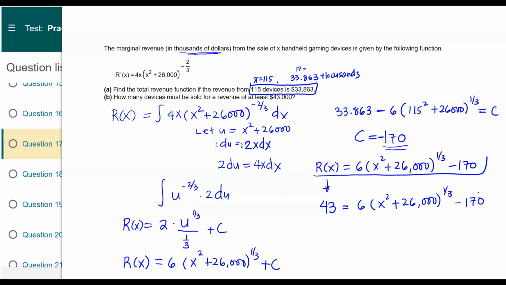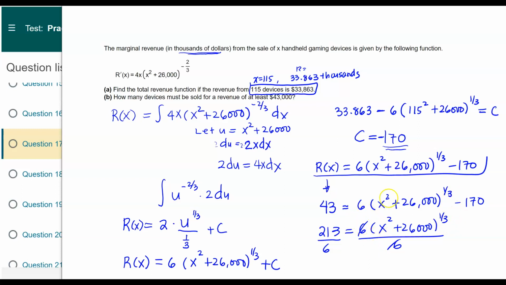So 43 plus 170, you move this to the other side of the equation, is 213. 213 equals 6 times x squared plus 26,000 to the 1/3. Then you divide both sides by 6. Now you want to remove the 1/3 exponent here.